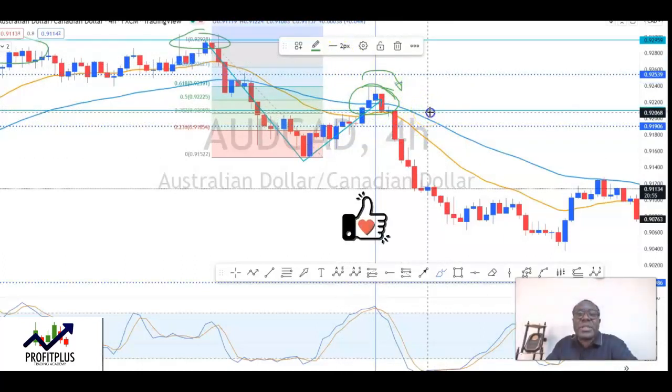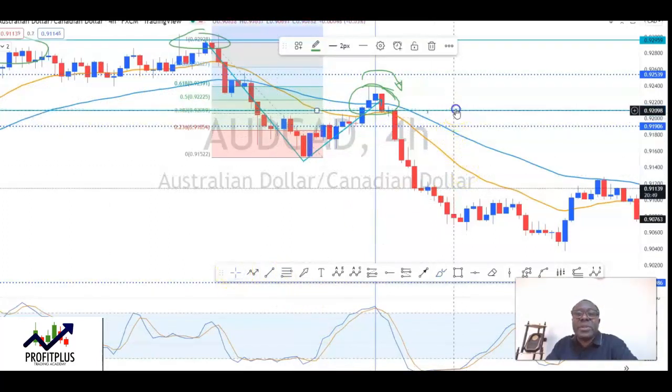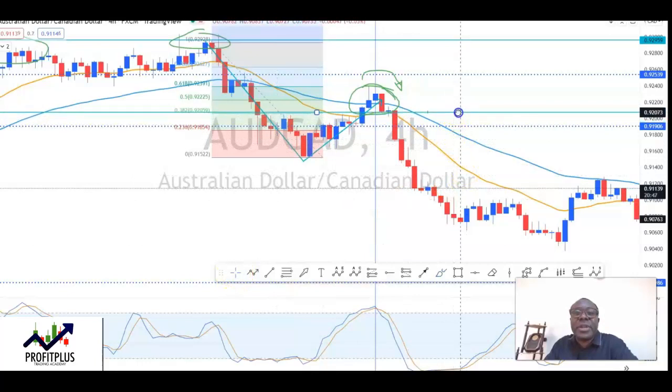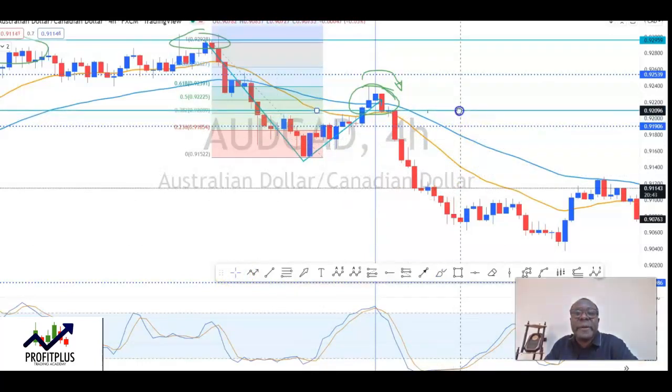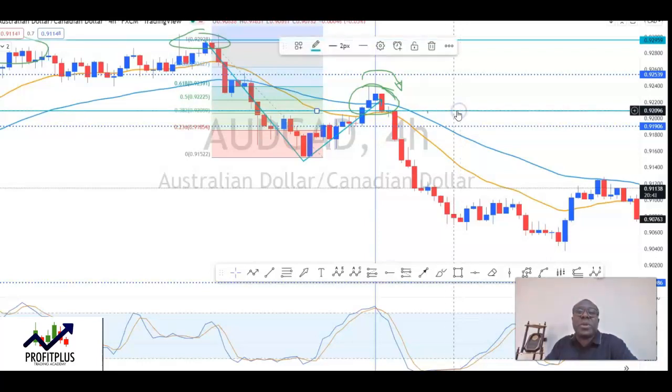So let's use this line to denote our entry. Yes, here, this is the entry price where that small pin bar closed. So we'll take our entry here, and you go back to the high of this particular swing high.